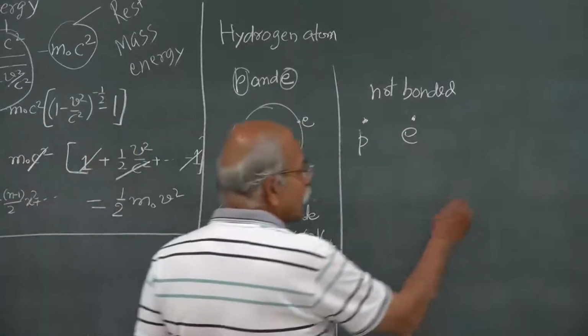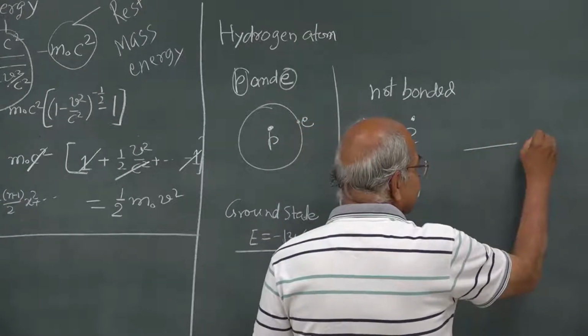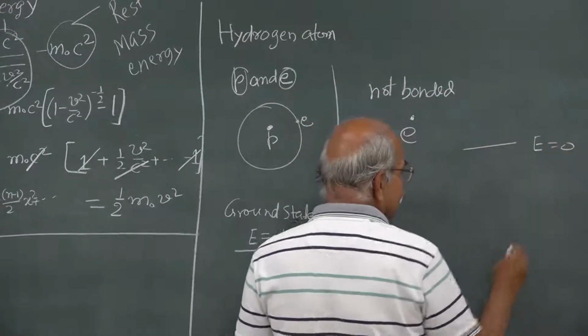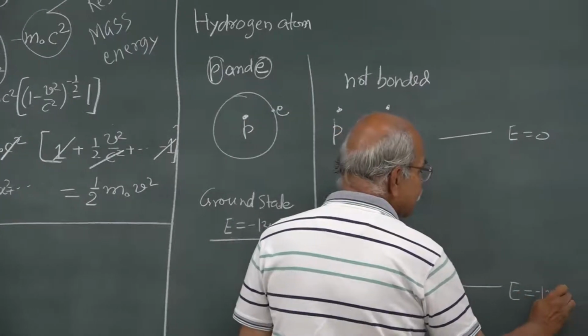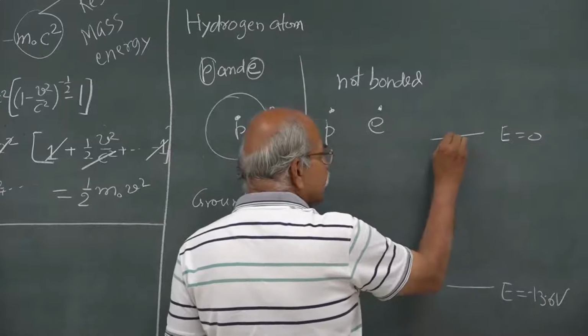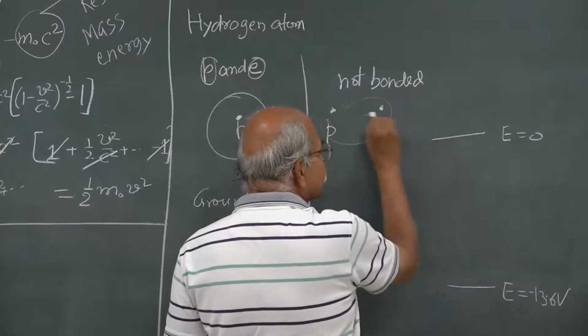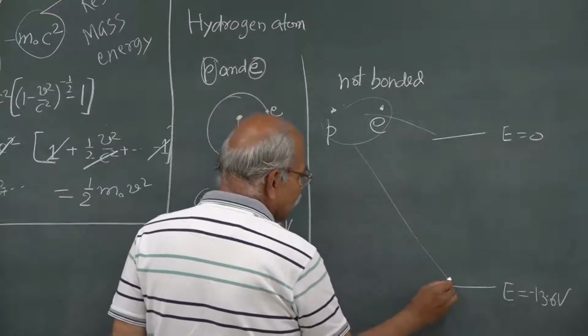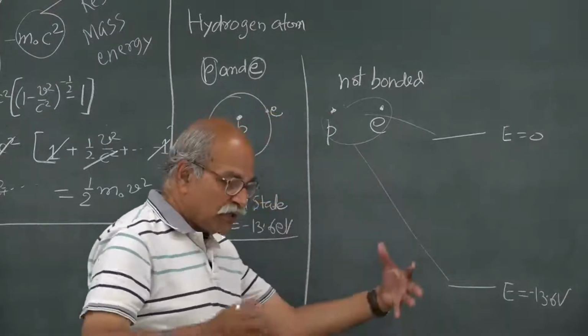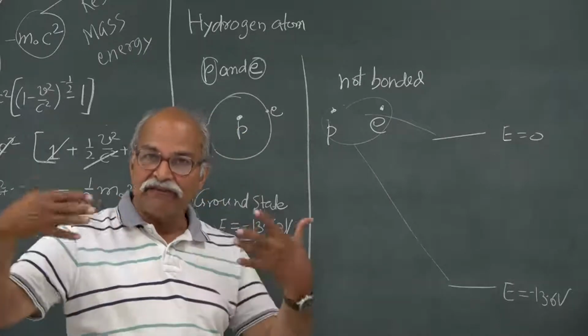So when we draw our diagrams, this is energy equal to 0, and then we say that the energy is minus 13.6 eV. This is when the proton and electron are separated, and this is when they are bonded. And bonded also can be in different fashions.